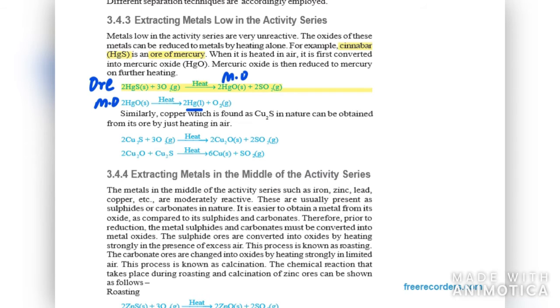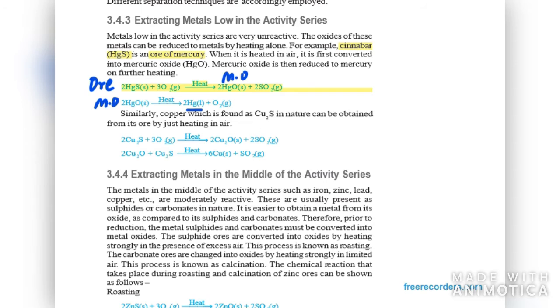So it is Hg plus oxygen. So I hope it is clear. We have an ore that is cinnabar, HgS. Then you have to burn it in the presence of oxygen or heat it. Then you will get the metal oxide, as you can see, it is HgO here. Then HgO needs to be heated to get mercury. So mercuric oxide is reduced to mercury on further heating.